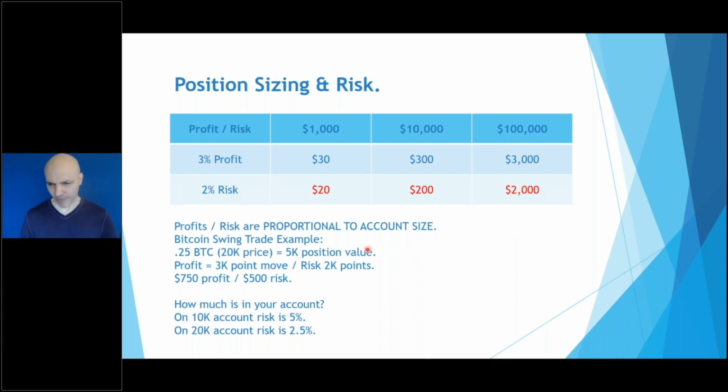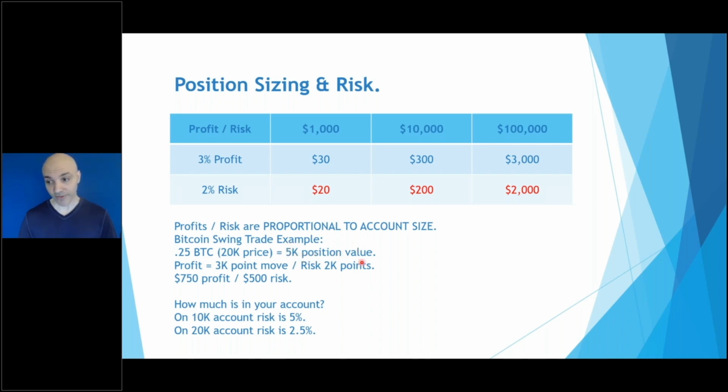So, quick example. Profits and risks are proportional to account size. That's what this table represents. A quick Bitcoin example: at a price of 20,000, 0.25 Bitcoin is basically a $5,000 position.